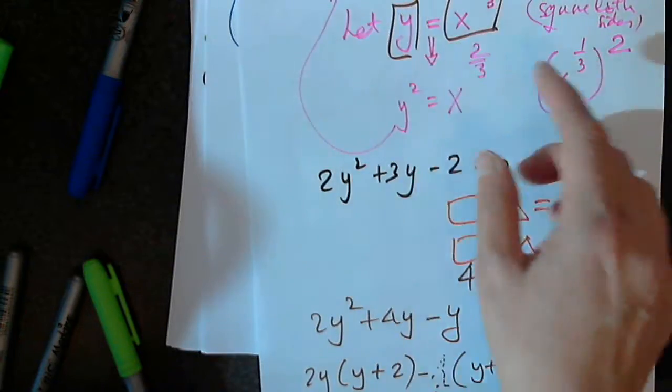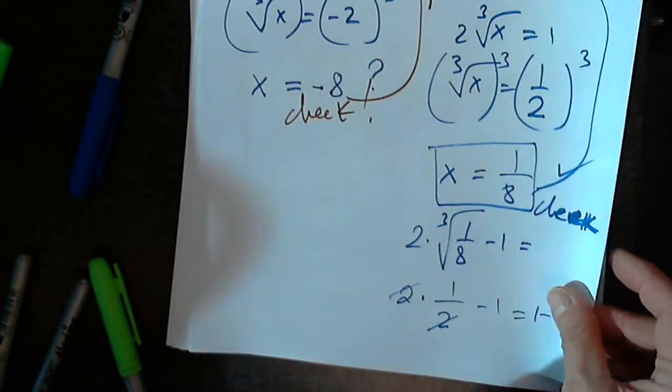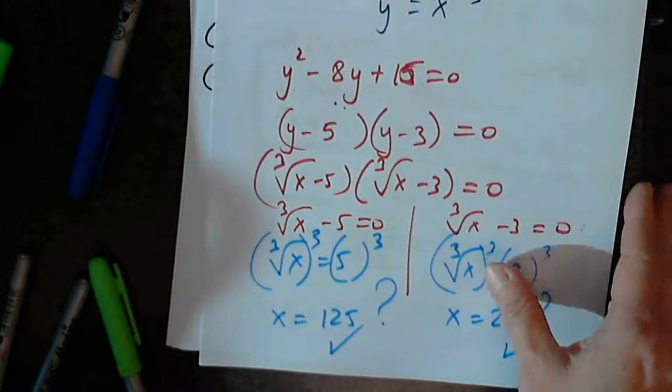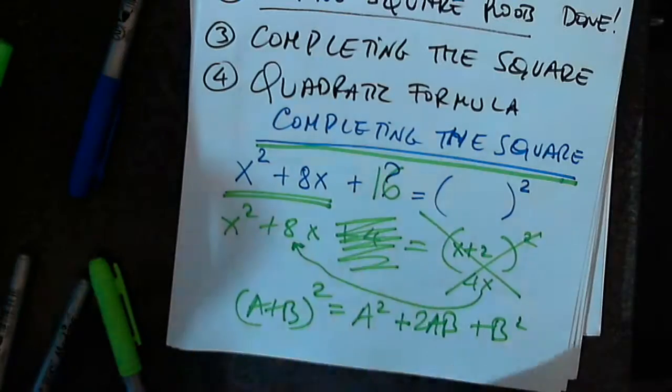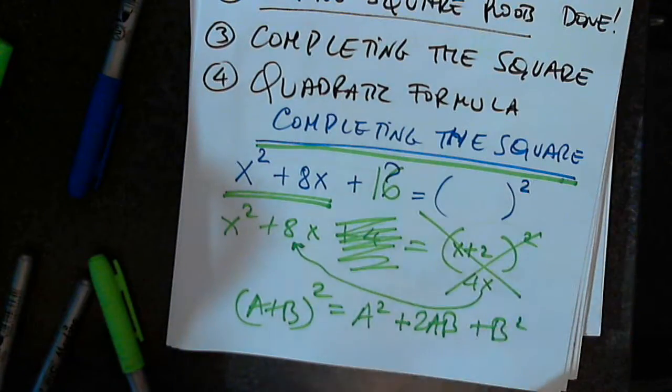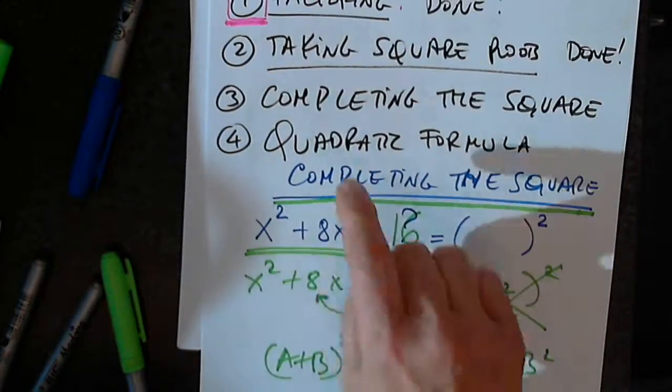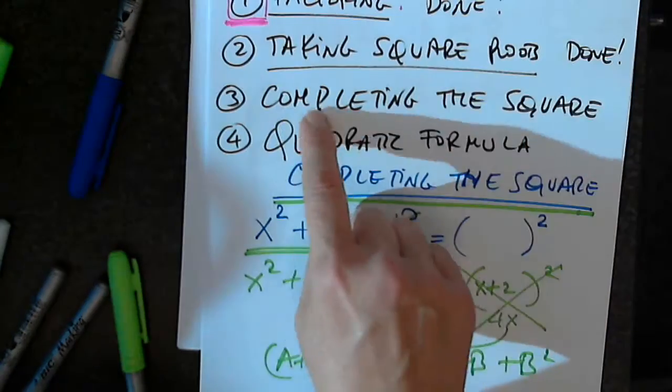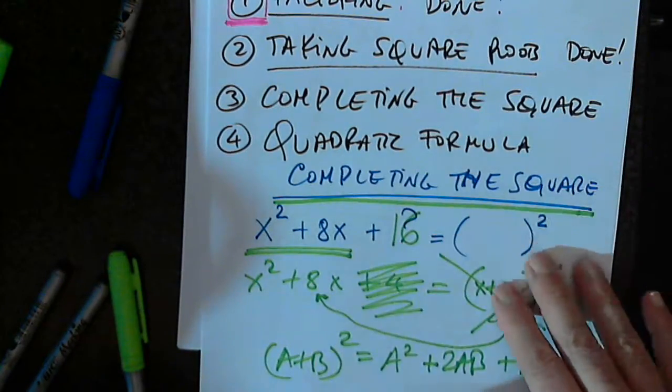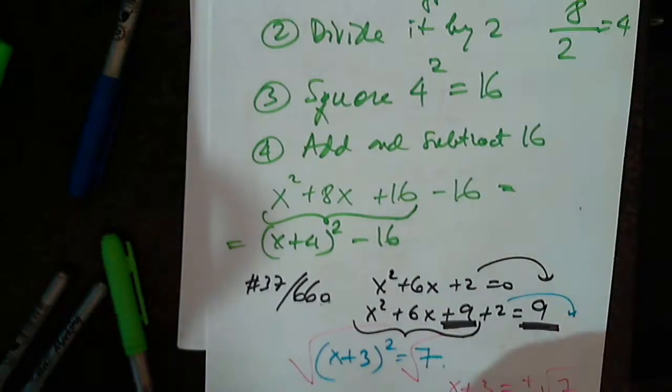And this was one of your questions today. Same problem. We said that there are 4 methods of solving quadratic equations: by factoring, taking square roots, completing the square, and quadratic formula.